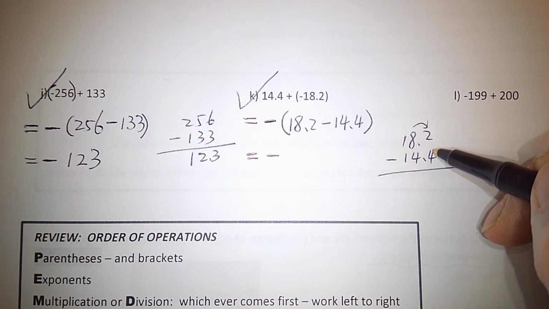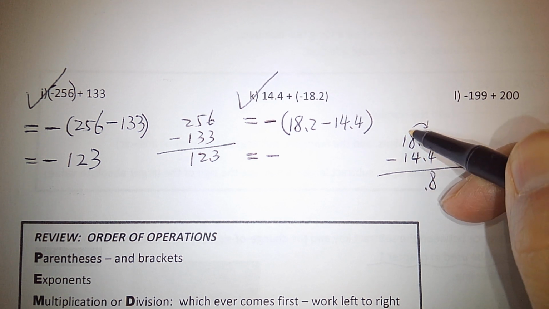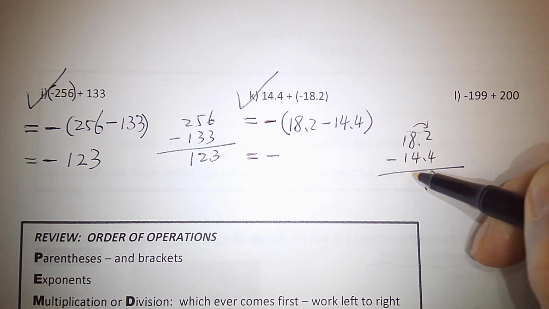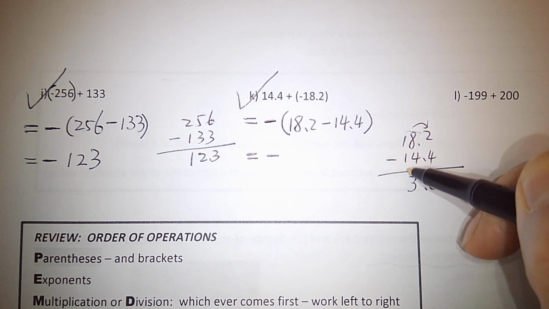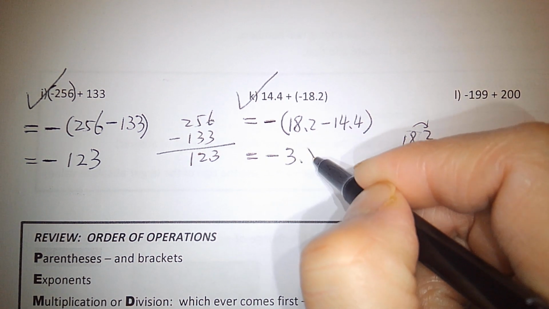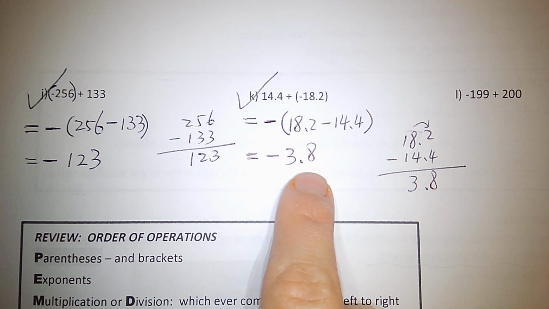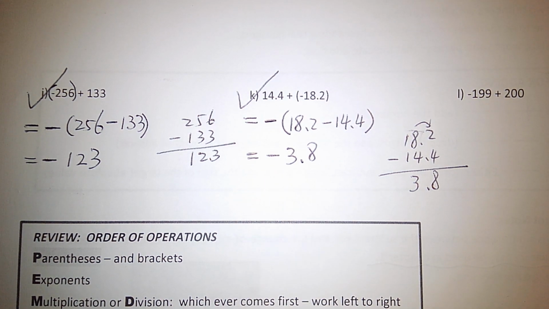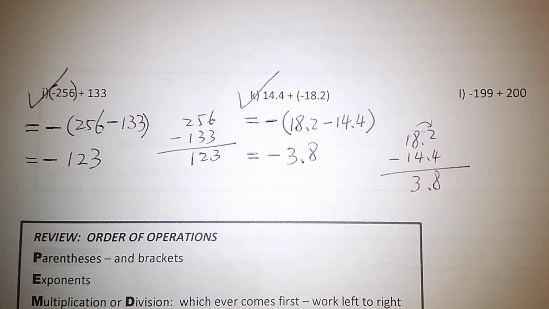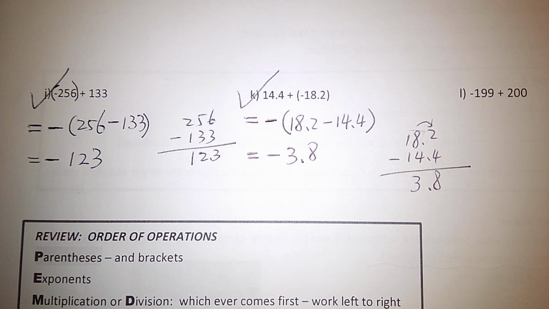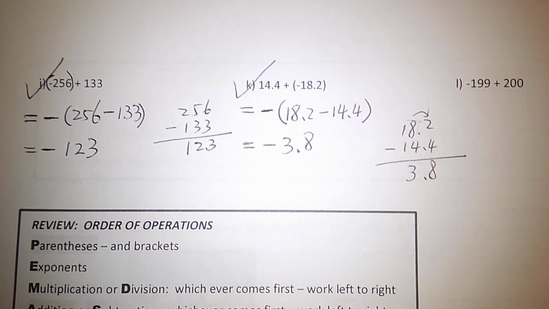So we have 12 minus 4 is 8. Well, here it becomes 7, right? 7 minus 4 is what? 3. 1 minus 1 gives us what? 0. So 3.8. Final answer is negative 3.8. You guys? So that's good? Okay. Well, this is how to add signed numbers with the same sign and with a different sign, okay?